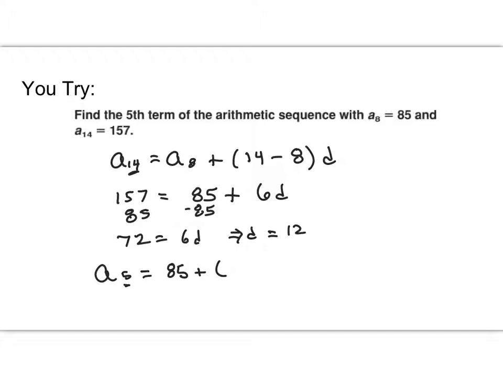Remember, this goes here, that term number is here, and then this was the 8th term, so that goes here, and then my difference is 12. So my fifth term is equal to 85 plus, 5 minus 8 is negative 3 times 12, and that's going to be negative 36.